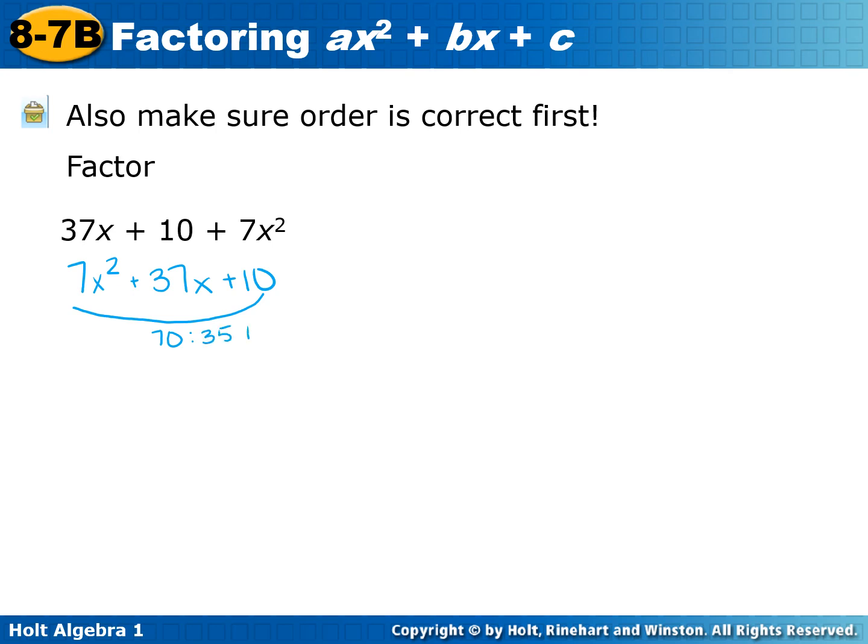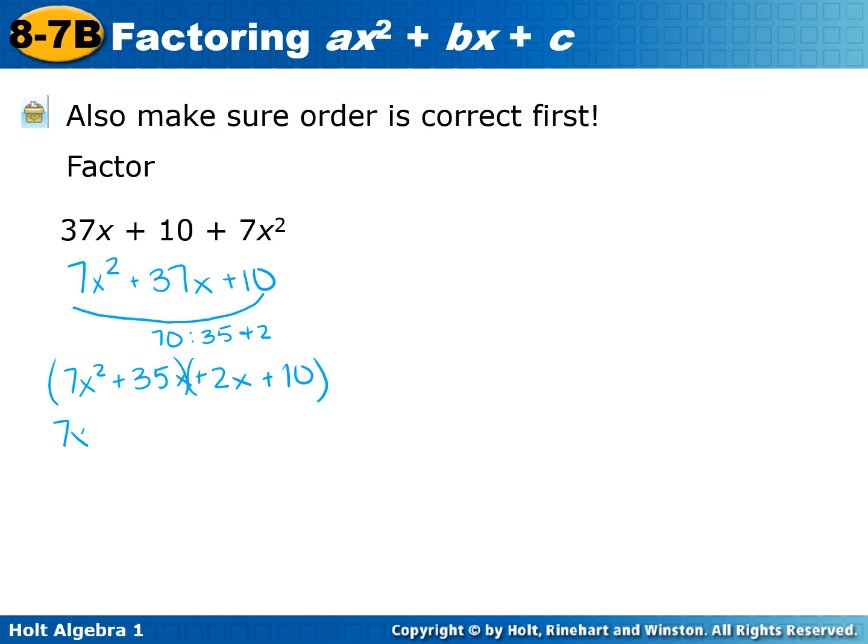Ooh, 35 and 2. So I have 7x squared plus 35x, oopsies, x plus 2x plus 10.